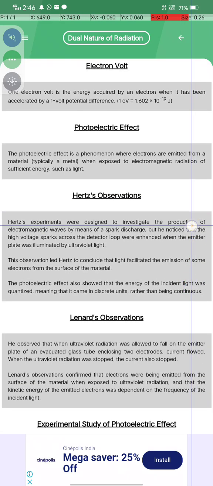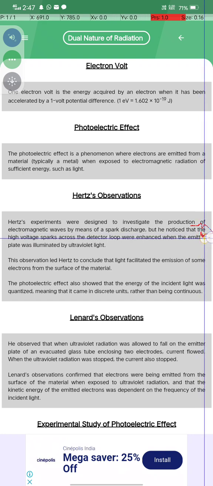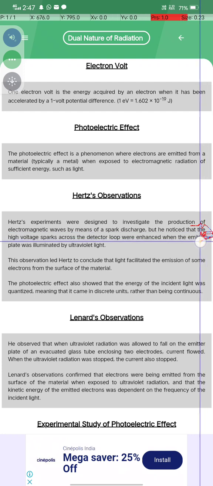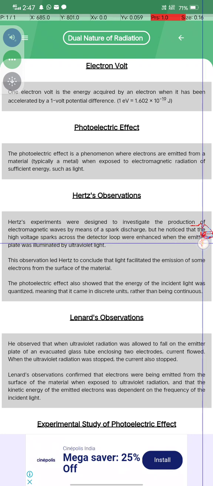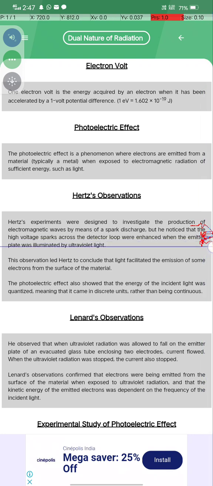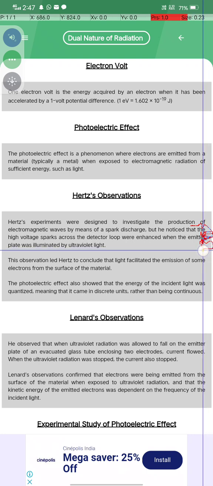What is Hertz's observation? Hertz's experiment was designed to investigate the production of electromagnetic waves by means of spark discharge, but he noticed that the high voltage spark across the detector loop was enhanced when the emitter's plate was illuminated by ultraviolet light.